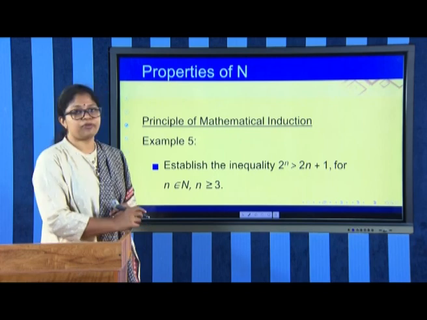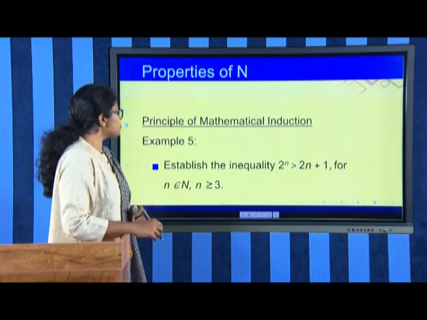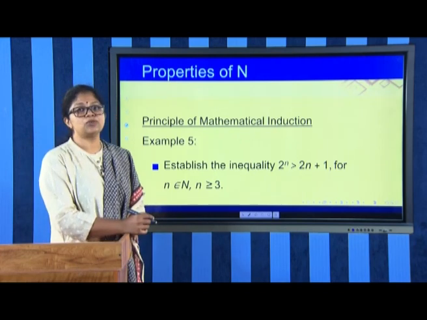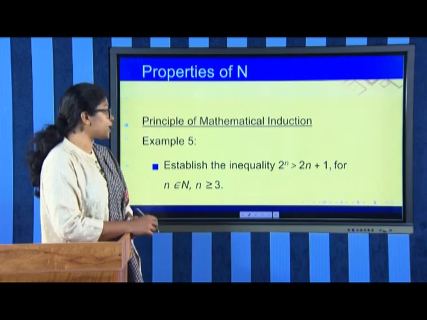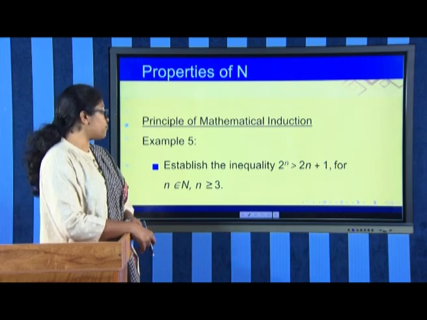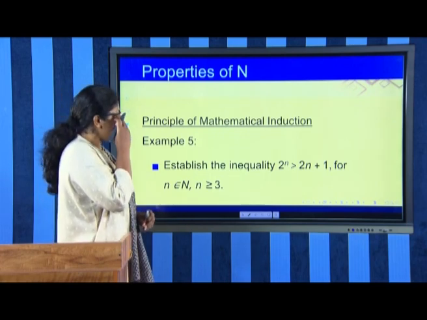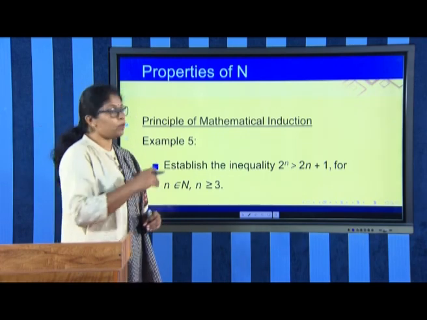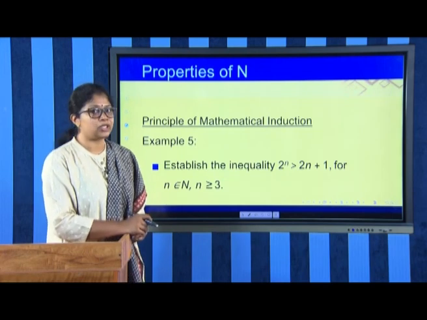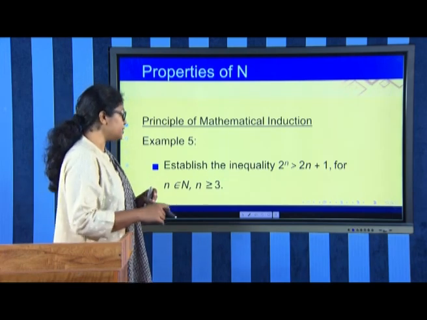Now, we move on to the fifth one. We have to establish the inequality 2 power n is greater than 2n plus 1 for n greater than or equal to 3. So, this is the second version of principle of mathematical induction that we will be applying in this case.